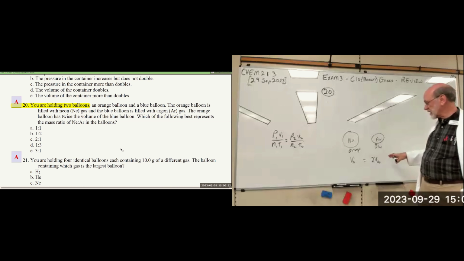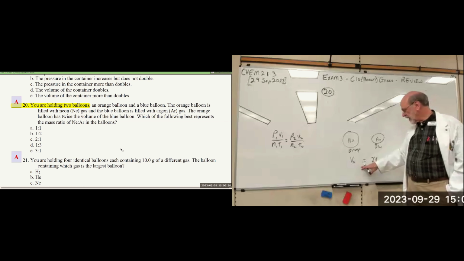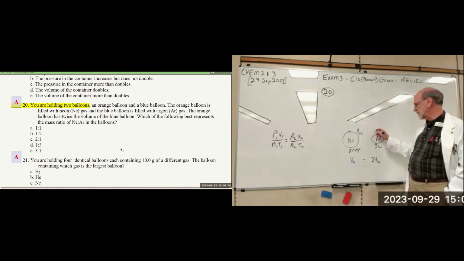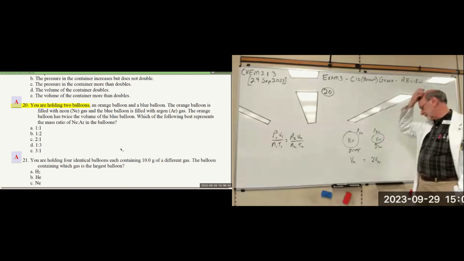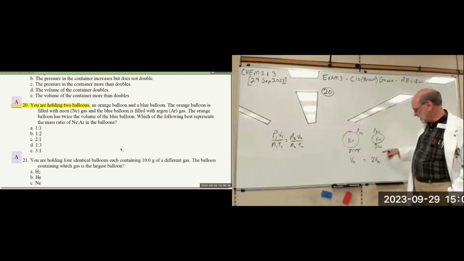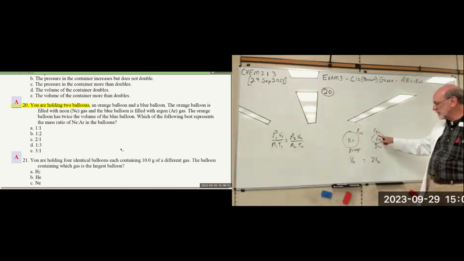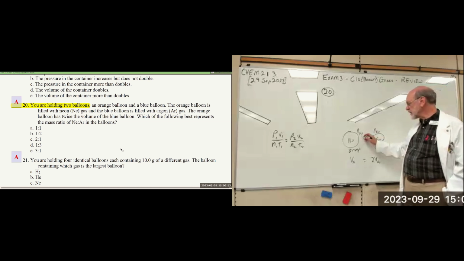So we're actually talking about volume change versus moles, right? Moles of neon and moles of argon. So if this one is twice the volume of that one, this one has 2 times the moles, correct?